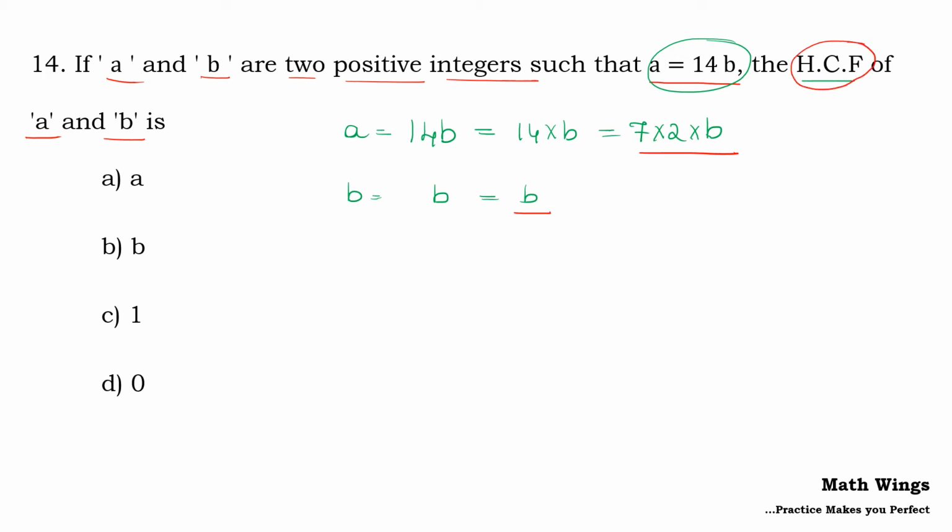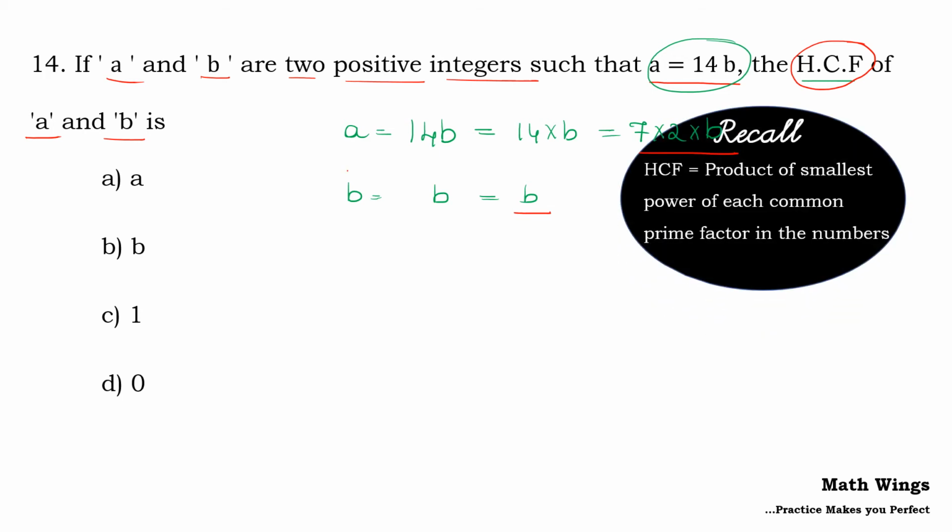Therefore, we have to take the common factor which is present in both the prime factorizations with the least power. So what is HCF? HCF is equal to the product of the smallest power of each common prime factor in the numbers.